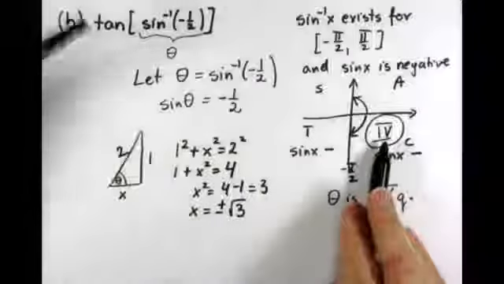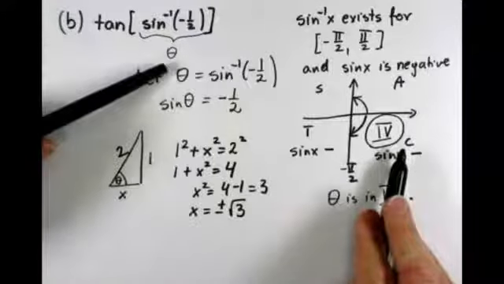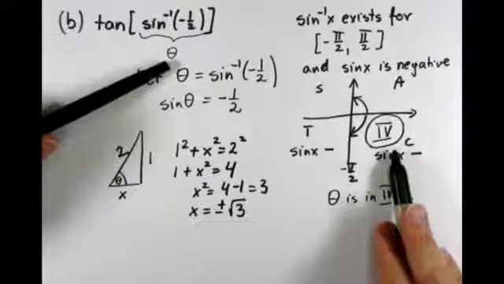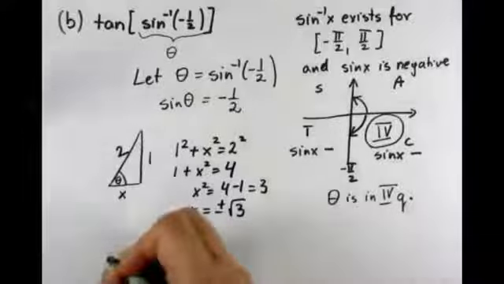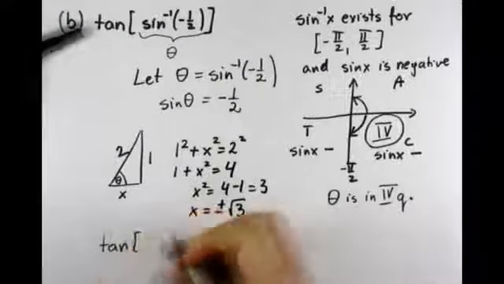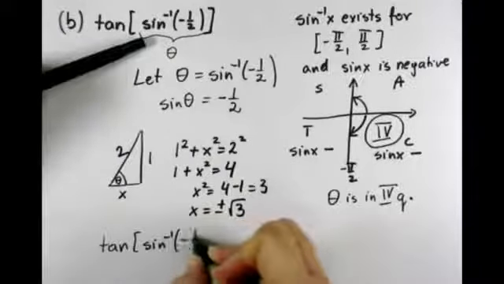Okay, so now we're going to go with the tangent. We need tangent of my theta. My theta is in the fourth quadrant. Tangent in the fourth quadrant is negative, so we're going to use the negative value. So I'm looking at what I have: tangent of sine inverse of minus 1/2.